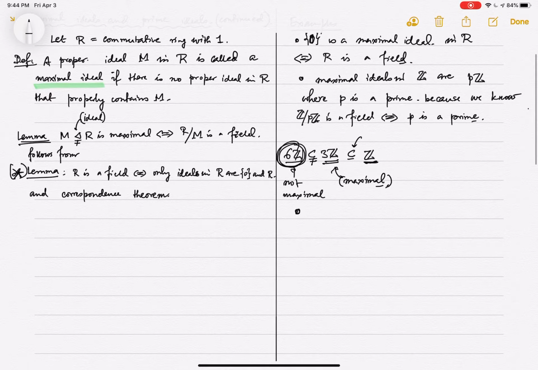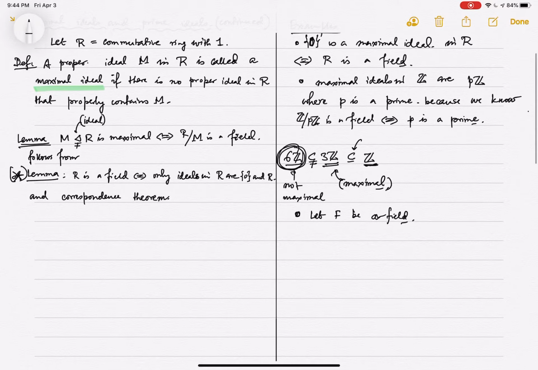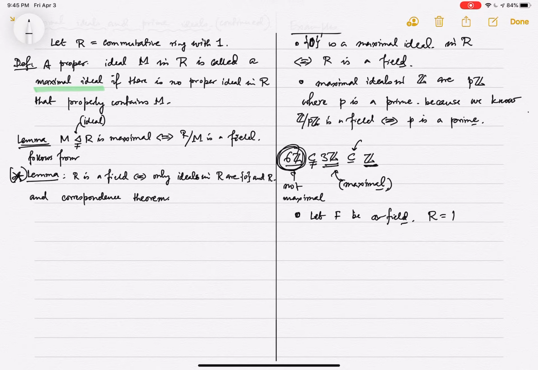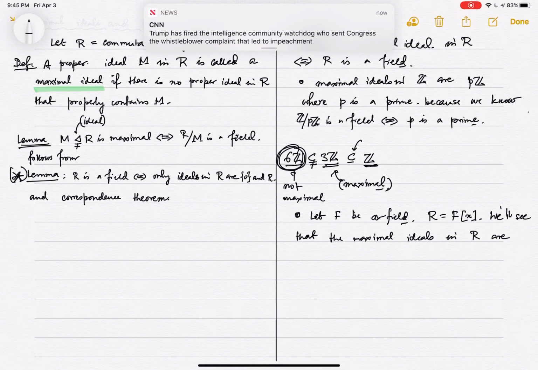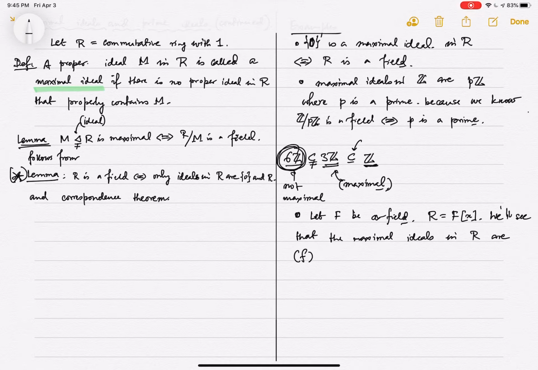After that, maybe we should look at one variable polynomial ring. So let F be a field and R equal to the one variable polynomial ring F[x]. Then we shall see that the maximal ideals in R are the principal ideals generated by f, where f is an irreducible polynomial.